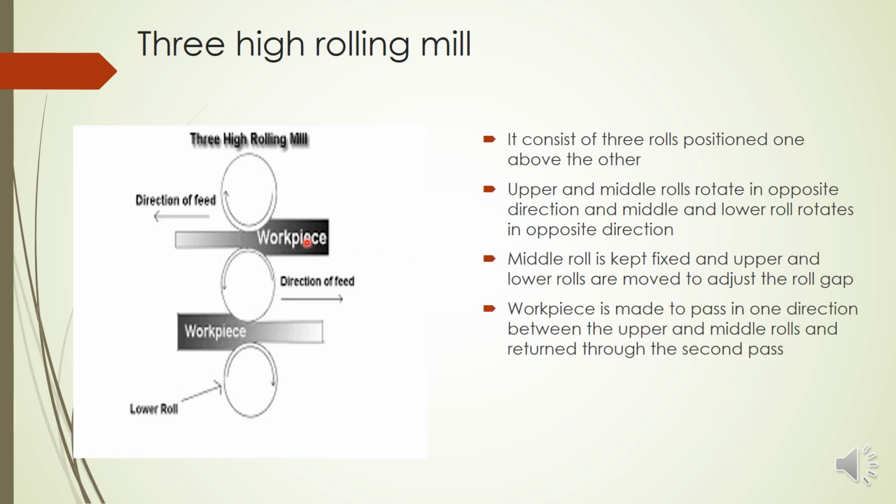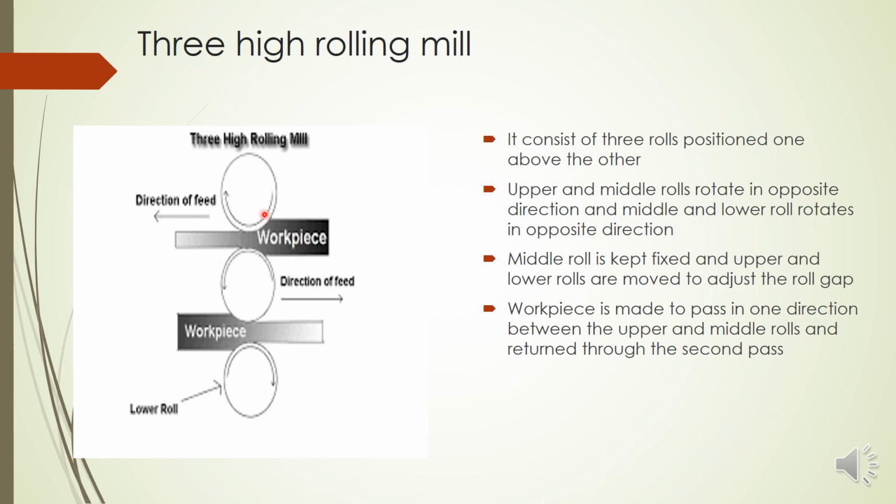The advantage is, first we can pass the workpiece through the upper and middle rolls in this direction. Then again we can pass the deformed sheet back through the middle and lower rolls in the second pass. So like that, 2 passes are allowed in this arrangement.